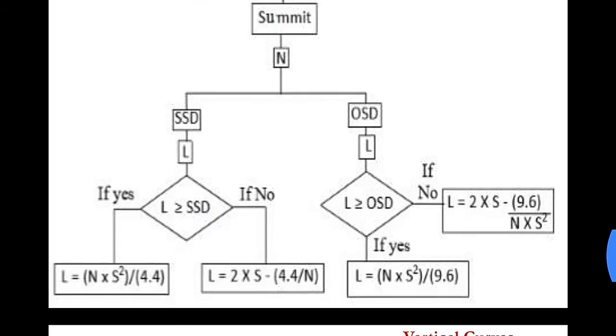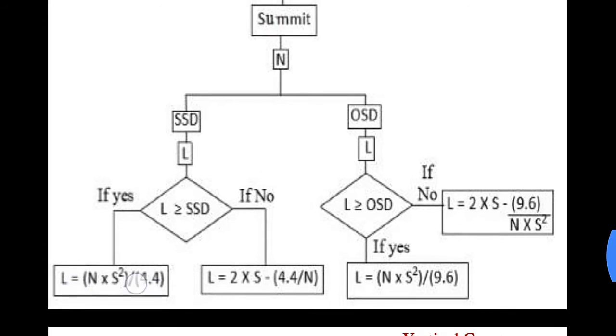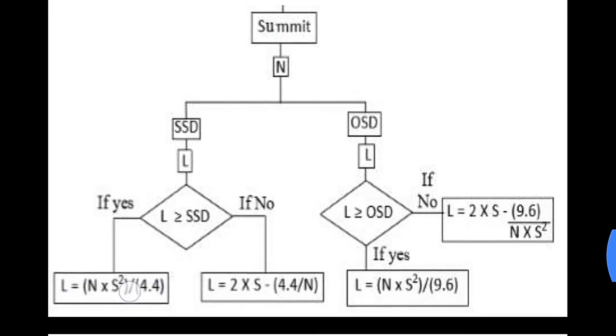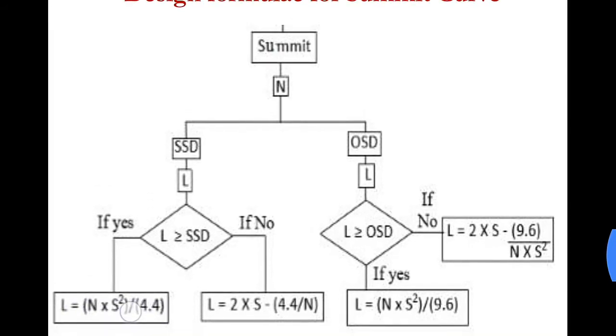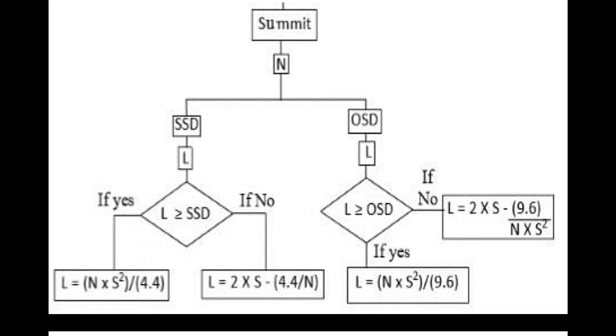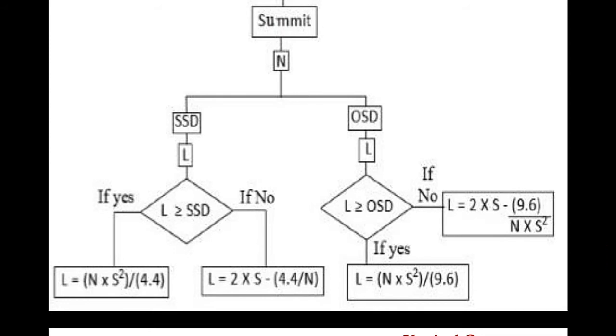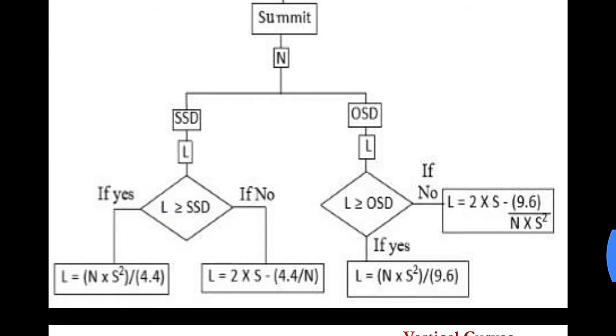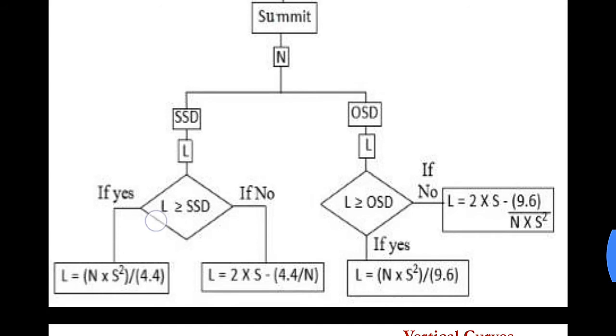We use this formula and we obtain a value. Now if this obtained value is greater than the SSD, then our assumption is correct, since at the start itself we had assumed that the length is greater than SSD.